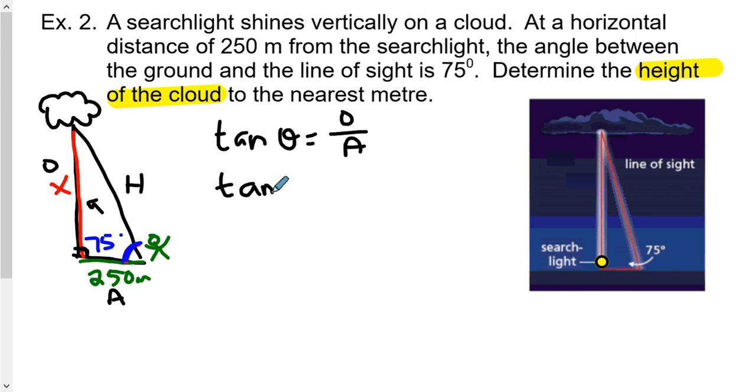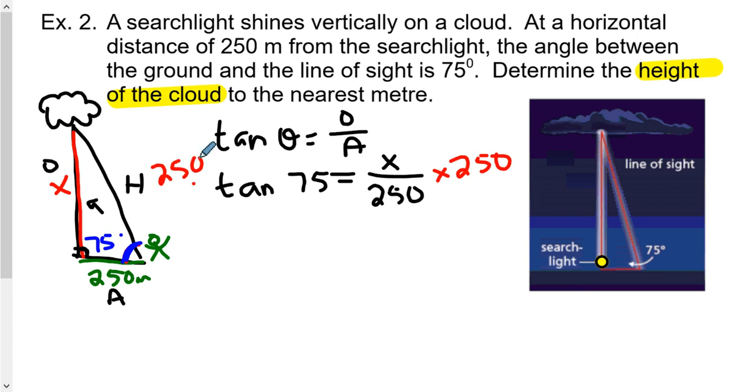Tangent, now substituting in our values, our angle, well, the only angle we know is 75 degrees. And the opposite length relative to angle 75 is our unknown on top. We're going to call that x. And our adjacent on the bottom, that one had a measure of 250. Right? I'm cross-multiplying that 250, or I'm multiplying both sides so that it goes away on the right, but the left side had to get 250 times bigger to compensate.